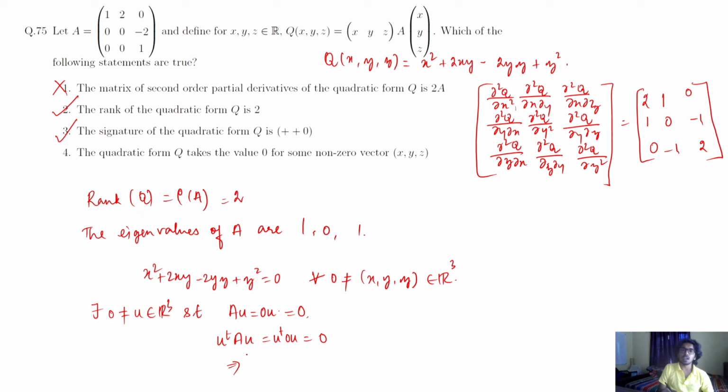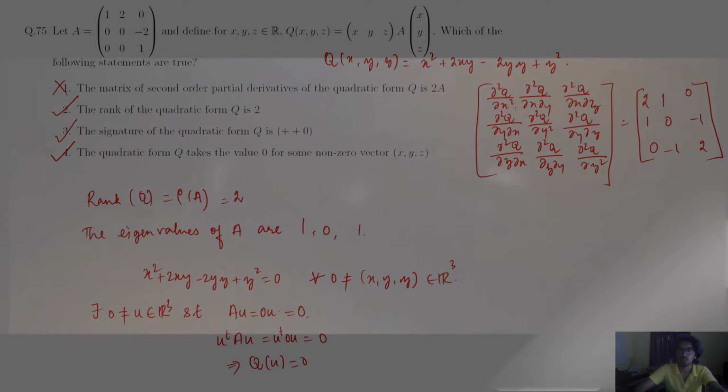Therefore the quadratic form of this u is 0, which is a non-zero one. Since 0 is an eigenvalue, we are able to identify the eigenvector corresponding to that 0, with which we are able to produce it. Yes, option 4 is also true. That's it about this. Thank you.